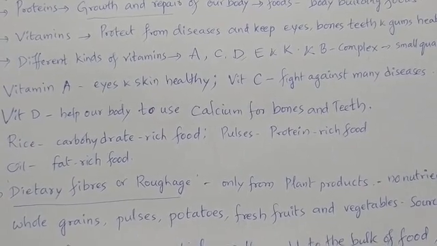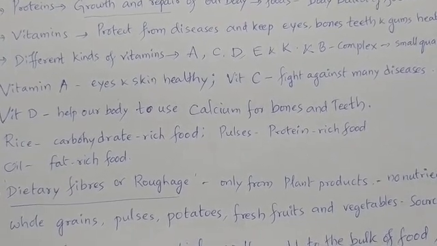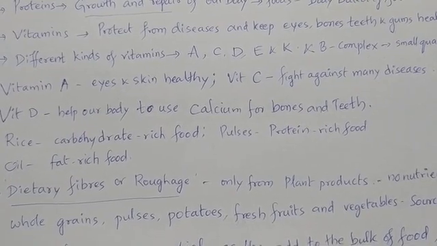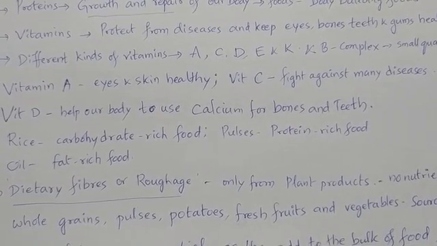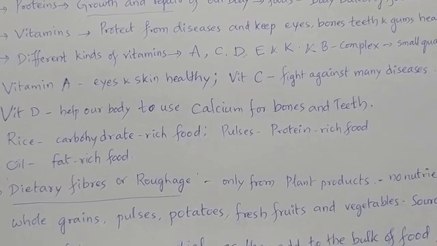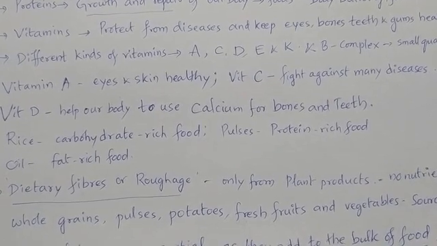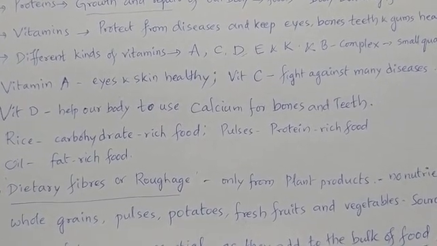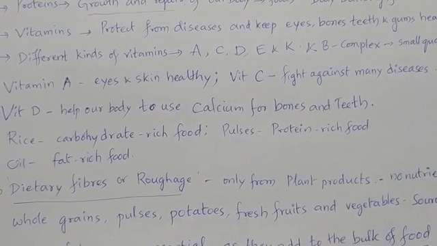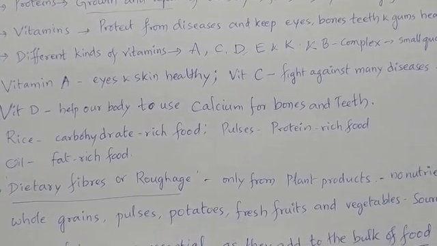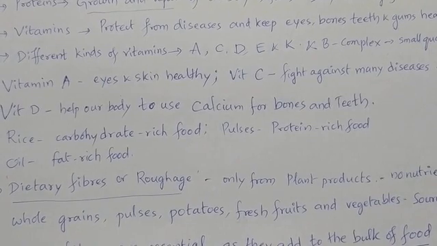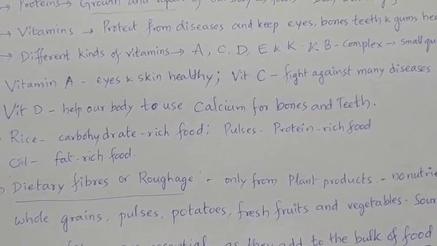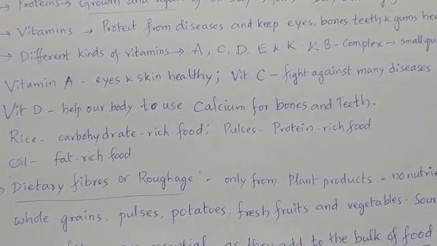So if any particular ingredient contains a specific nutrient as the major nutrient, then that ingredient is known as that particular nutrient rich food. So rice contains carbohydrate in large quantity, so rice is a carbohydrate rich food.